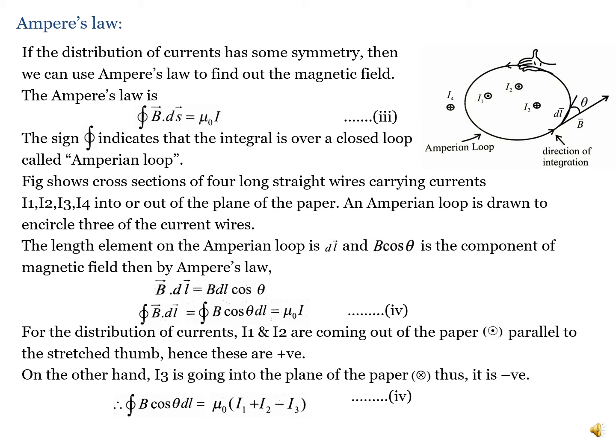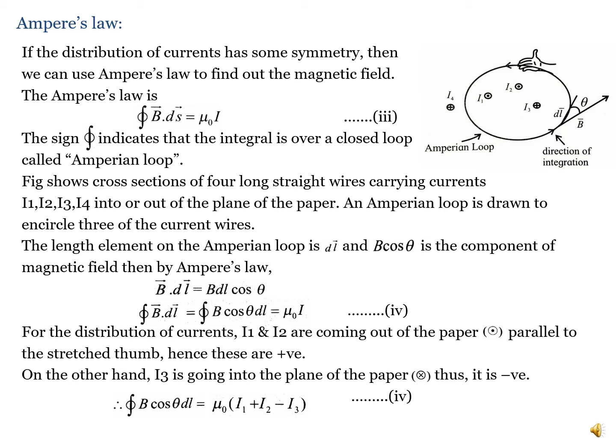The figure shows the cross sections of four long straight wires carrying currents I1, I2, I3, I4 into or out of the plane of the paper.